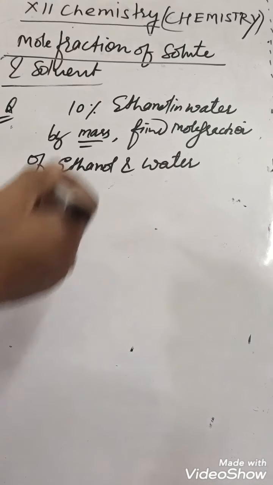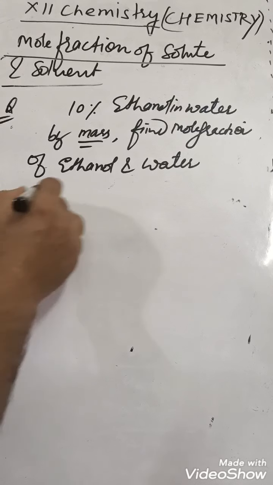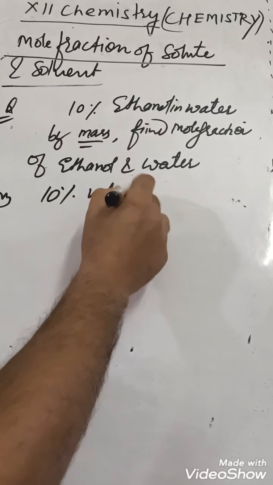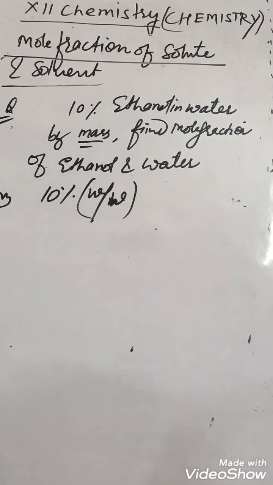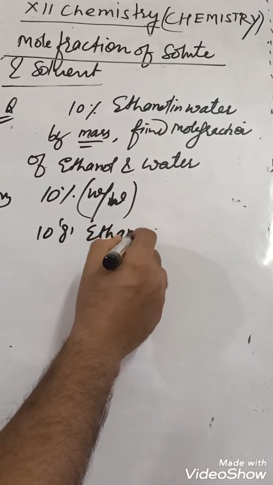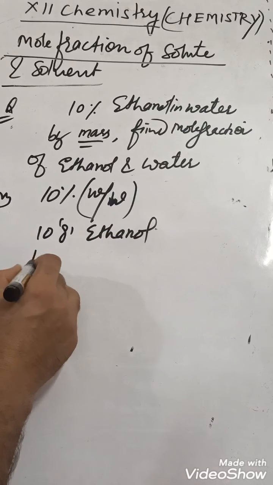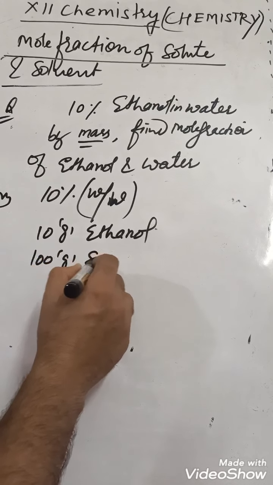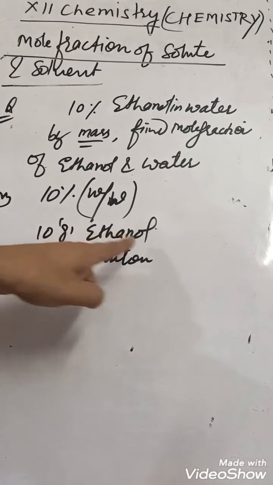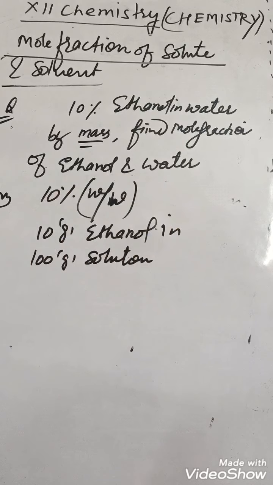So what is the meaning of this 10%? 10% by mass means W by W, 10 gram ethanol in 100 gram solution.